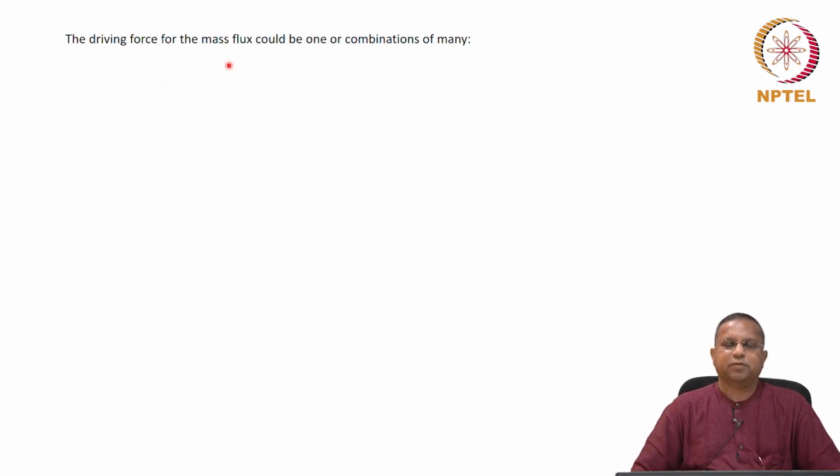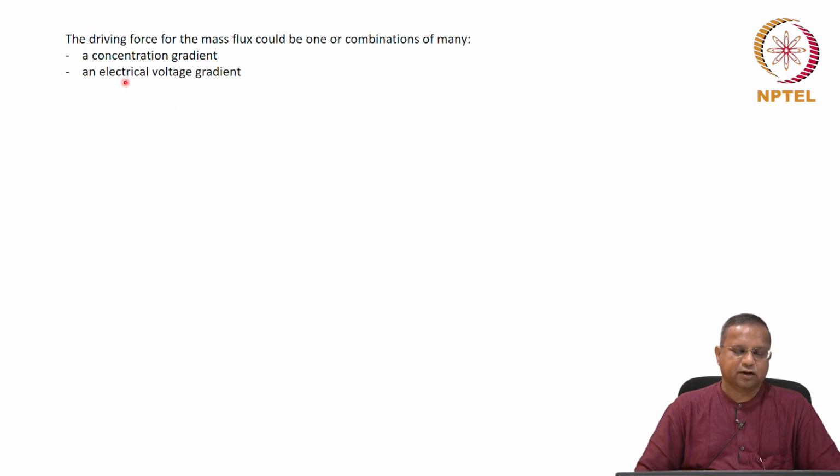The driving force for the mass flux could be one or a combination of many. You could have a concentration gradient causing a mass flux. You could have an electrical voltage gradient causing a mass flux. Recall electrophoresis, where the electrical potential gradient caused a mass flux.